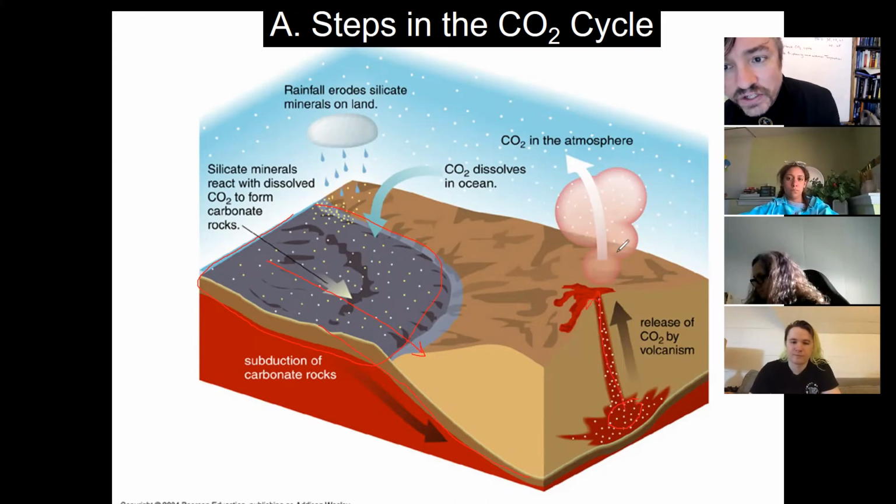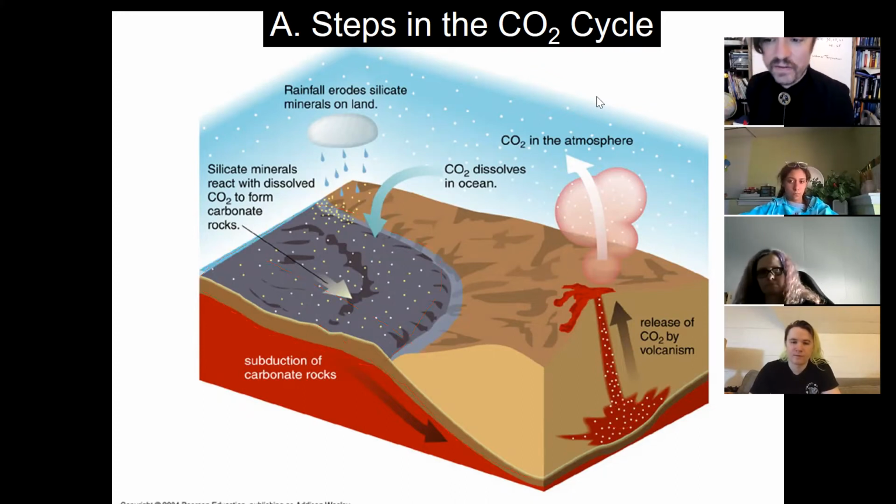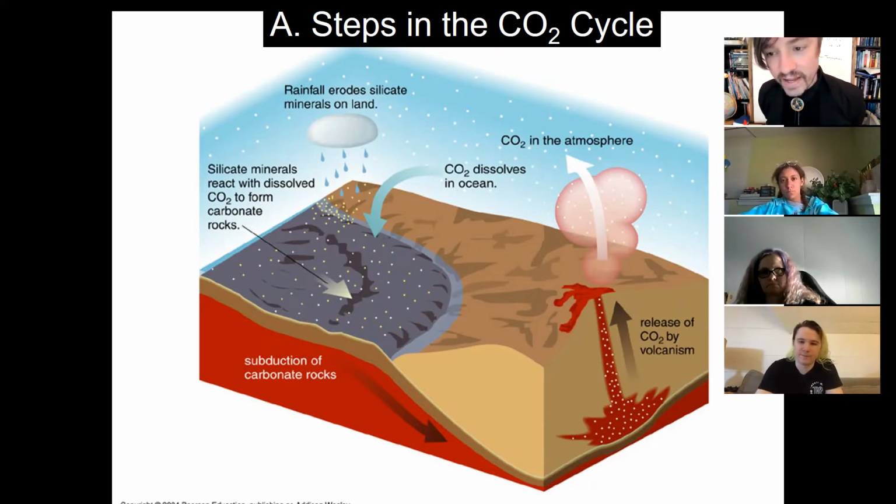How many of the 4 geological processes are involved in the carbon dioxide cycle? 3 of them, right? That's right. Everything except for impact crater. You get volcanism plus erosion plus plate tectonics all working in this cool tandem to keep CO2 out of our atmosphere.